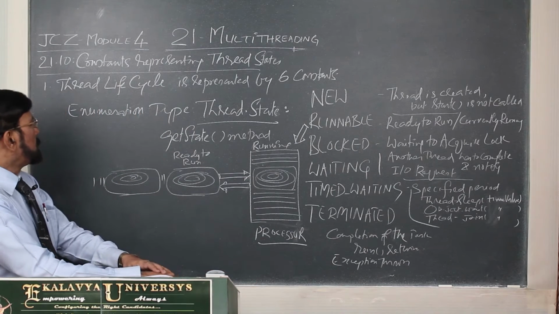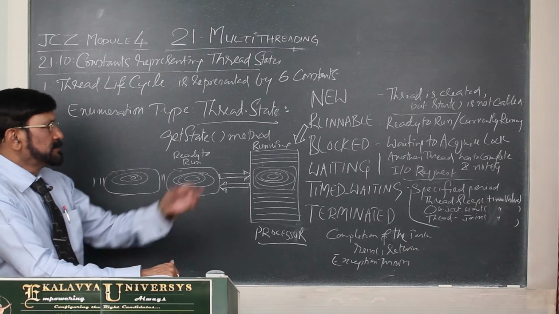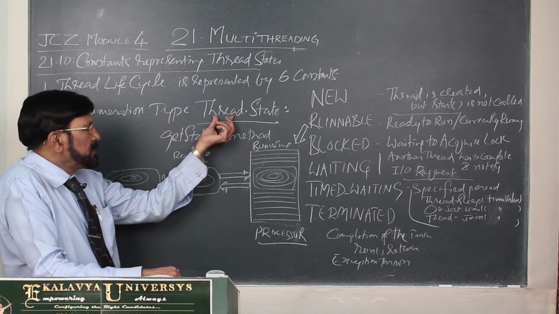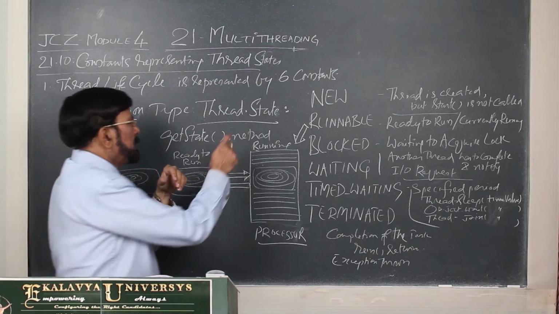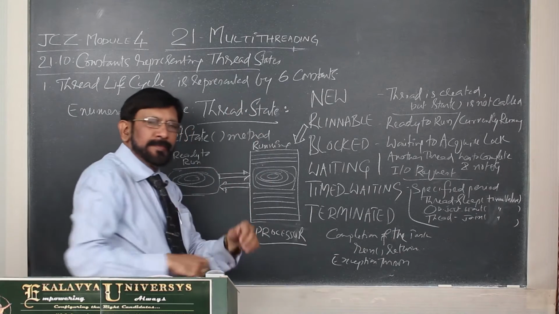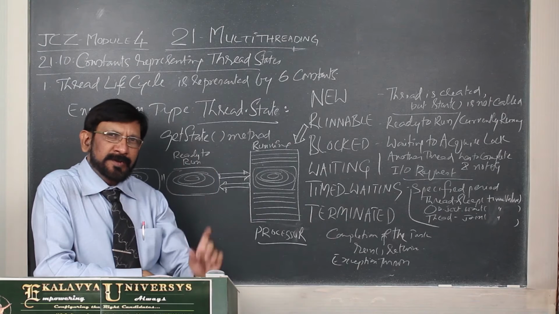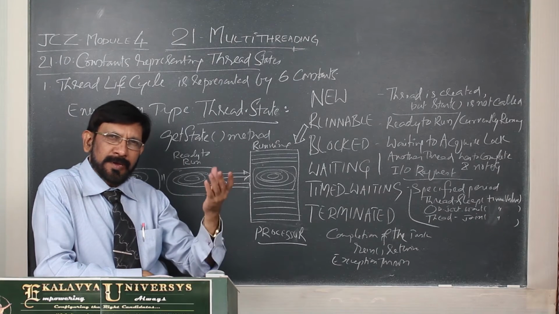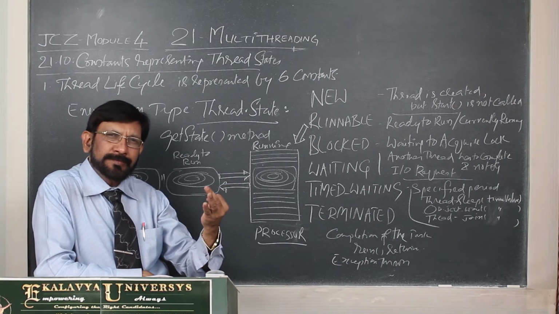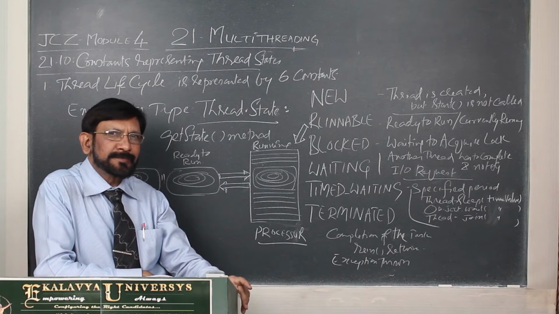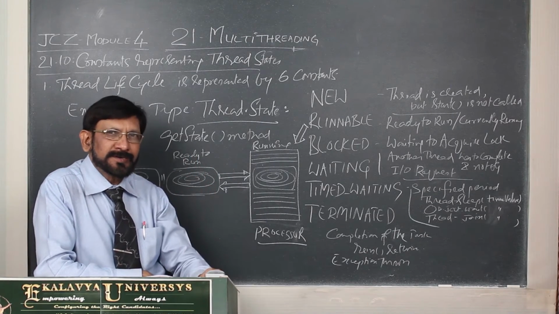Now, the Thread class has one enumeration, its name is Thread.State. Already you know that enumeration is one of the reference types: array, class, interface, enumeration and annotation. The fourth one is enumeration.